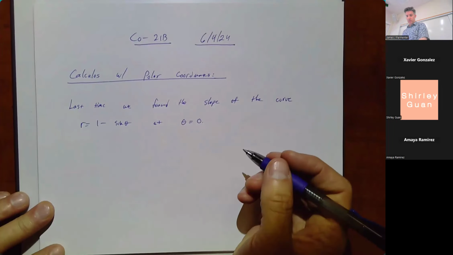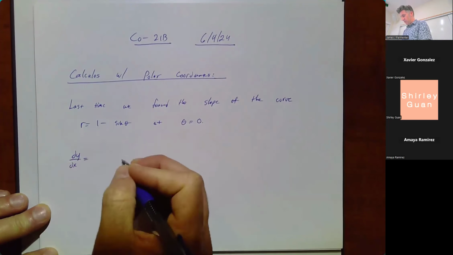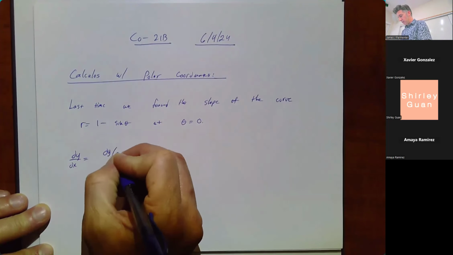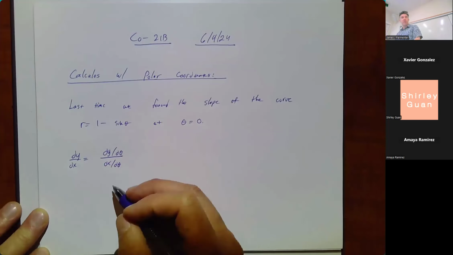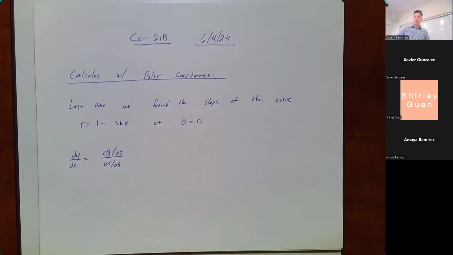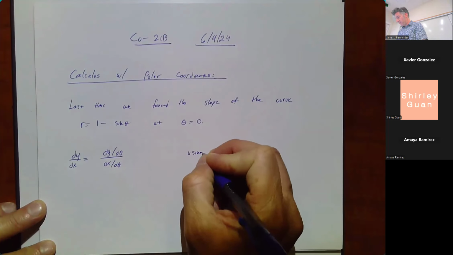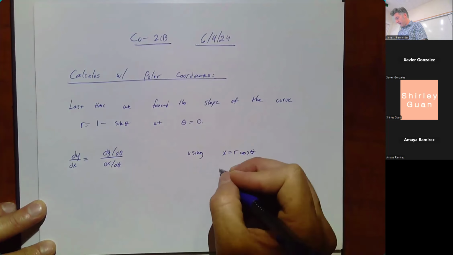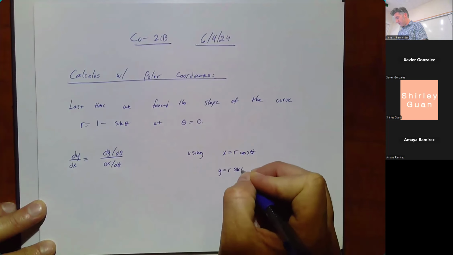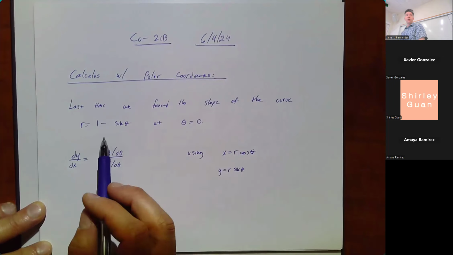So what we did last time was we said dy/dx is equal to dy/d theta over dx/d theta. We're thinking of this parametrically, but instead of using t as our parameter, we're using theta. We're using the fact that x is equal to r cosine theta, y is equal to r sine theta, but then we think of r as a function of theta.